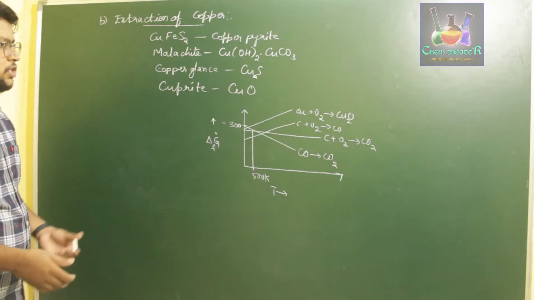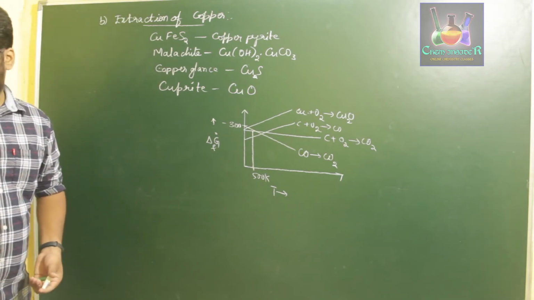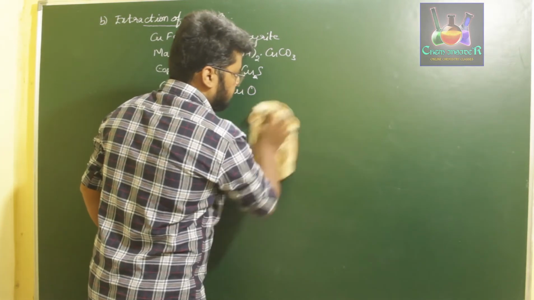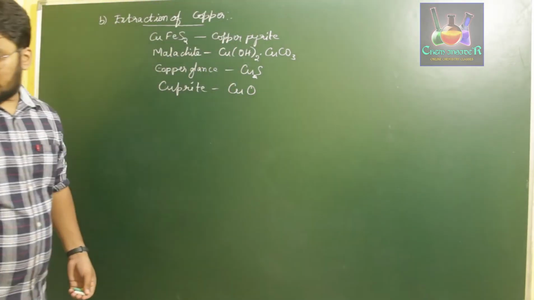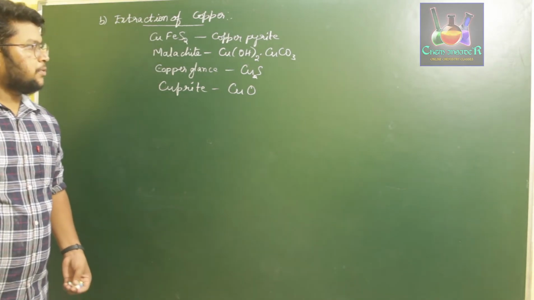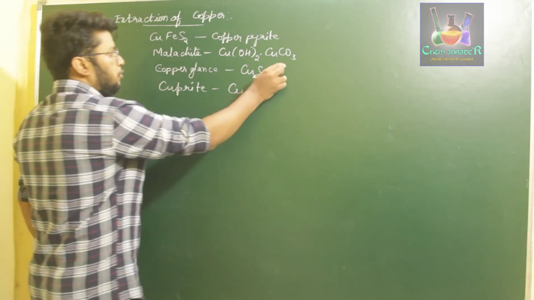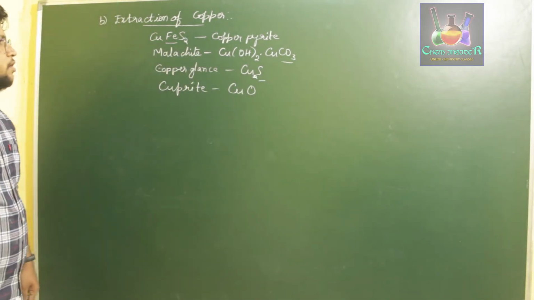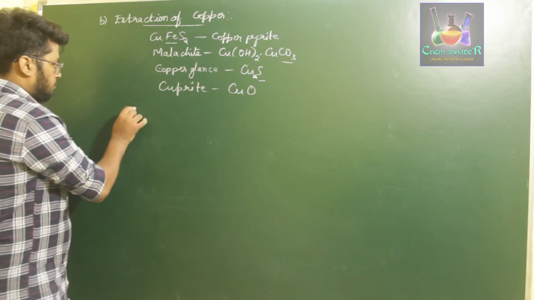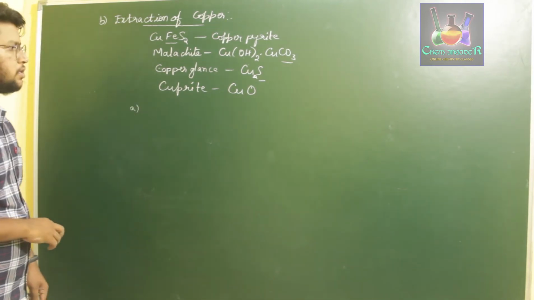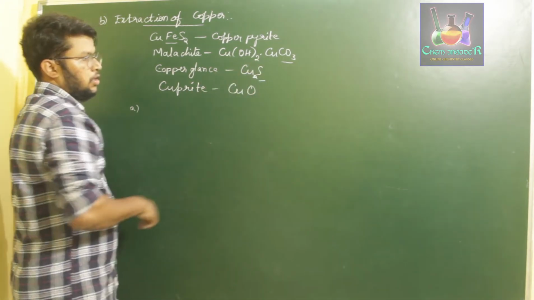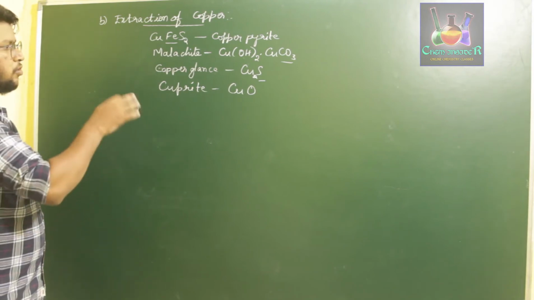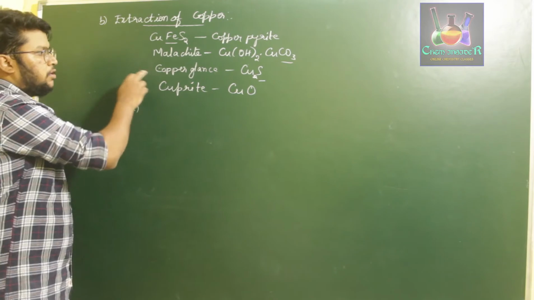For that, first you need to go through our basic process of extraction, that is, we need to remove the impurities present in it. For copper, we have three types of impurities: carbonate impurity, sulfide impurity, and ferrous impurities. We need to roast all the ores except cupric carbonate, that is, CuFeS2 and copper glance.